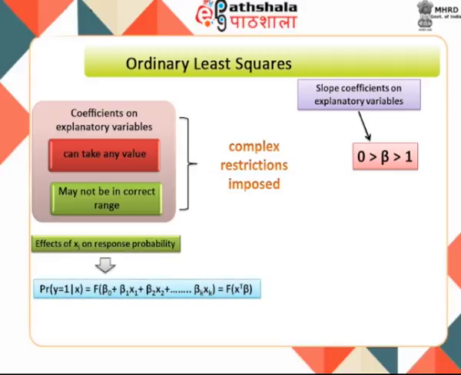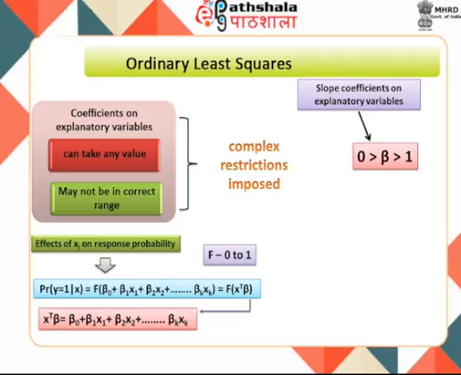Probability of y equal to 1 given x is equal to f(beta0 + beta1 x1 + beta2 x2 + and so on to betak xk), which is equal to f(x'beta), where x'beta is equal to beta0 + beta1 x1 + beta2 x2 + and so on to betak xk, and f is a probability function that gives values between 0 and 1.